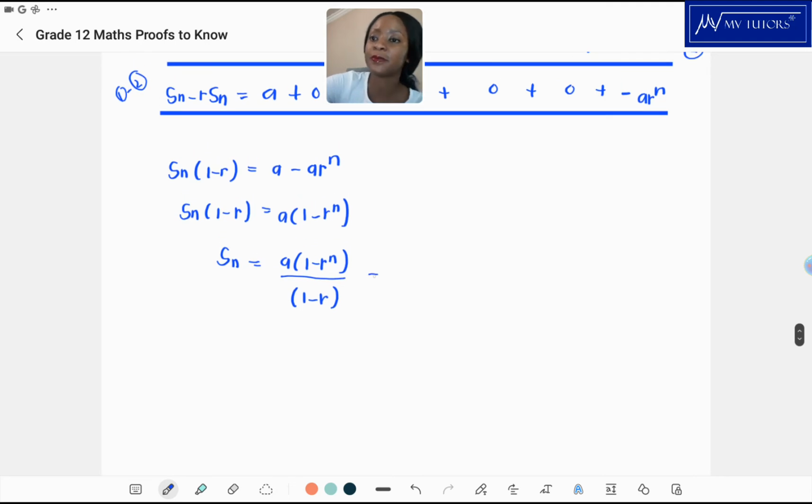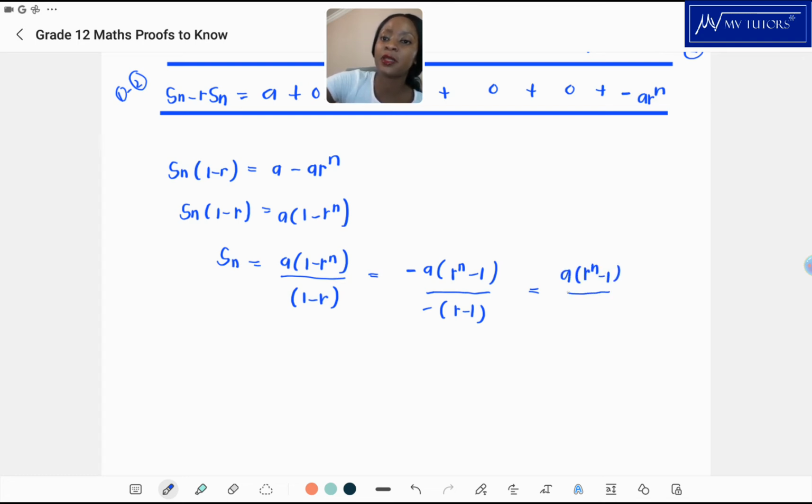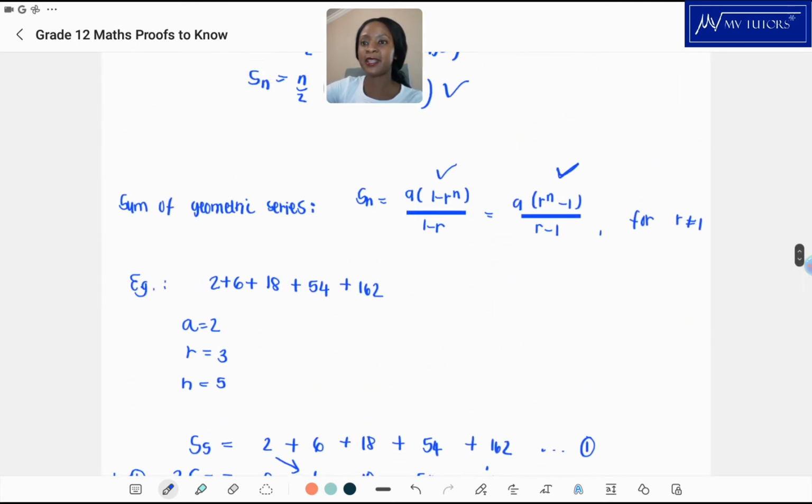If I take out a negative, I have a negative a outside, then I have r to the power n minus 1, and if I take a negative out of the denominator as well, I have r minus 1. To simplify that, the negatives would cancel, so I have a(r^n minus 1) all over r minus 1.